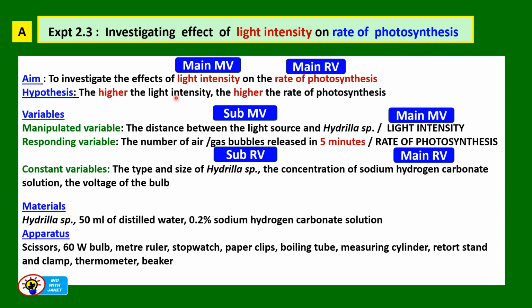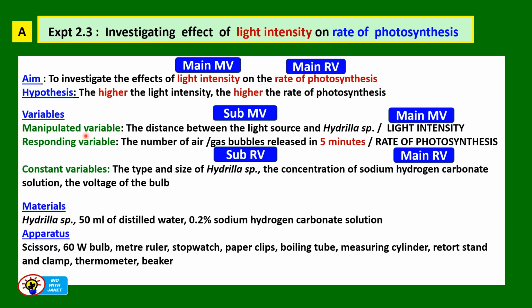That means as we increase the light intensity, we expect the rate of photosynthesis to increase, because the plant will receive more light energy for the splitting of water molecules during photolysis of water, okay, which is part of the process of photosynthesis. So the higher the light intensity, the higher the rate of photosynthesis.